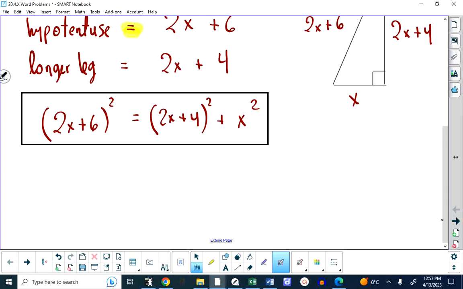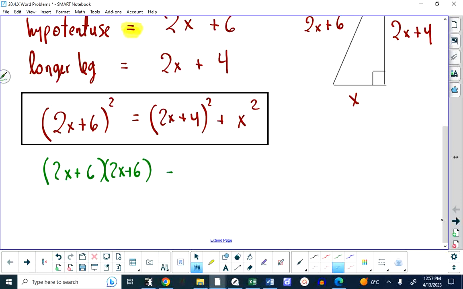So you need to expand (2x plus 6) quantity squared. And I don't think you need to write this next step, but I'm going to. I'm only rewriting it to remind you that when you take (2x plus 6) quantity squared, you don't just square the 2x and the 6.